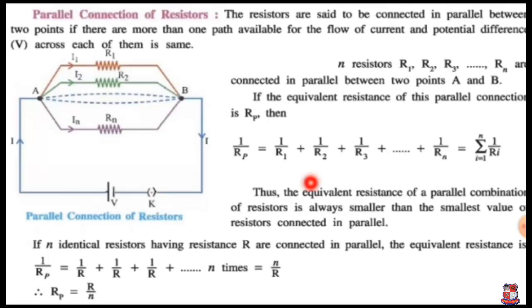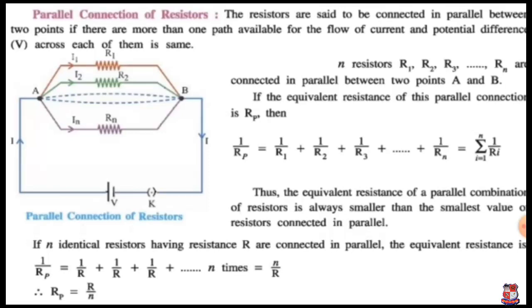Here, in the case of parallel combination, the equivalent resistance will always be smaller than the smallest value of individual resistor connected in parallel. So here again you have to identify the distinction between series and parallel connection, where the smaller and higher values of each individual resistance can be identified.